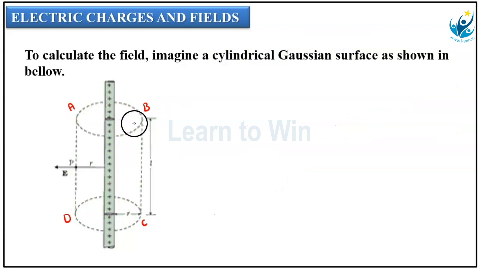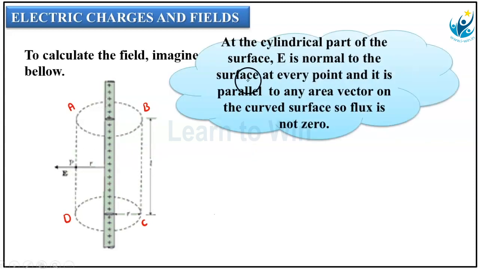Hence, the remaining surface is the ABCD cylindrical surface. At the cylindrical part of the surface, E is normal to the surface at every point and it is parallel to any area vector on the curved surface. So, flux is not zero.